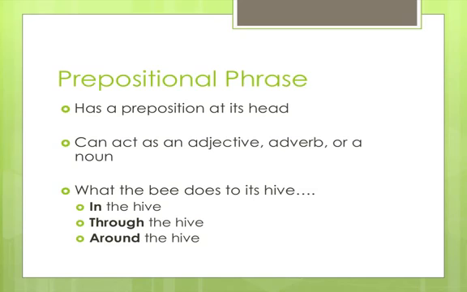All of these words are prepositions. And so if you have a group of words that starts with one of these prepositions, that's going to be called a prepositional phrase. We'll talk about this a little bit later, but that prepositional phrase can then act as an adjective, adverb, or a noun phrase.